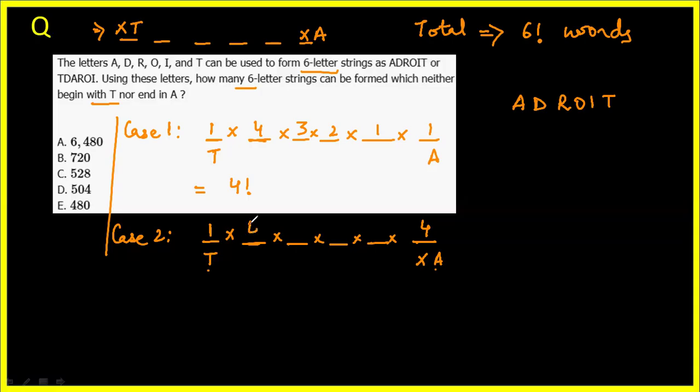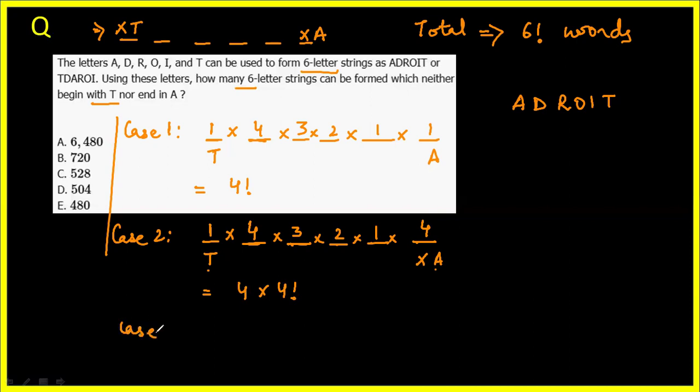That means there are 4 choices for this position. Then 3 remaining, then 2, and then 1. That means this case can be written as 4 into 3 into 2 into 1, which is 4 factorial. So this case is 4 times 4 factorial.